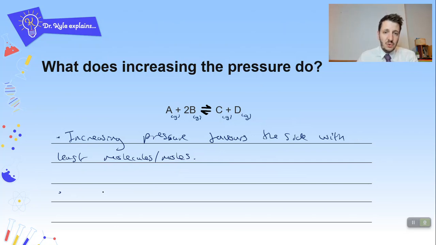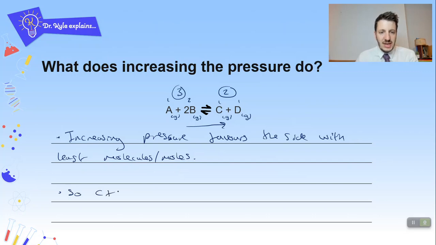And so therefore what's going to happen? Increasing the pressure favours the side with the least number of molecules. Here I've got 1, 2 molecules, so that's 3 on that side, and I've got 1, 2 molecules, that's 2 on that side. So increasing the pressure favours the side with the least number of molecules, therefore equilibrium is going to shift right.